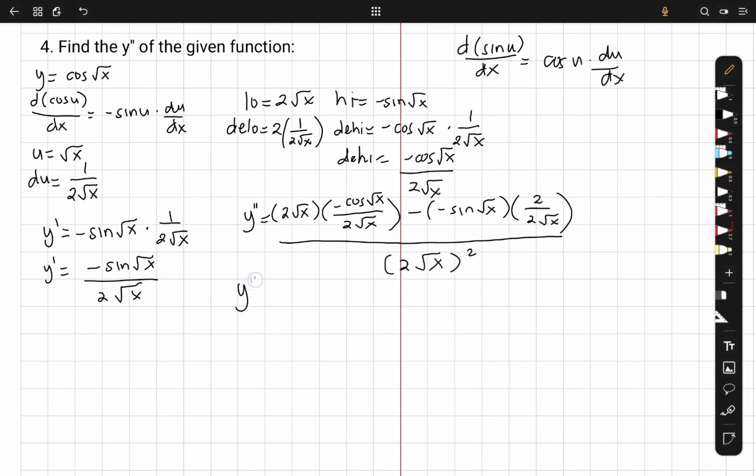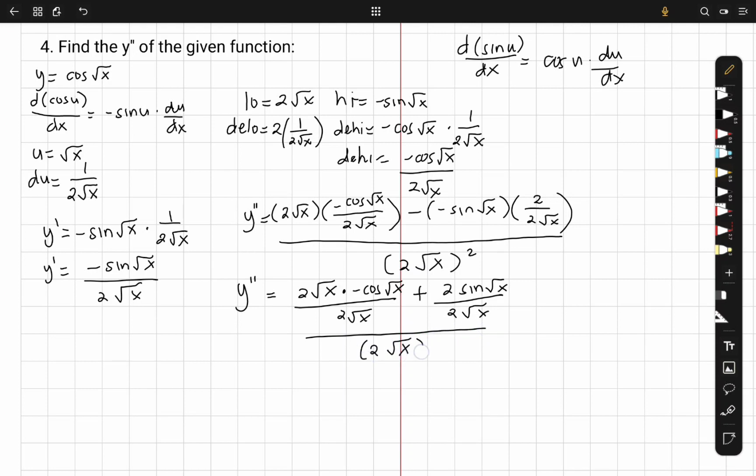So, y double prime is equal to 2 square root of x multiplied by negative cosine square root of x all over 2 square root of x, and because negative times negative becomes positive, plus 2 sine square root of x all over 2 square root of x, all over 2 square root of x raised to 2.